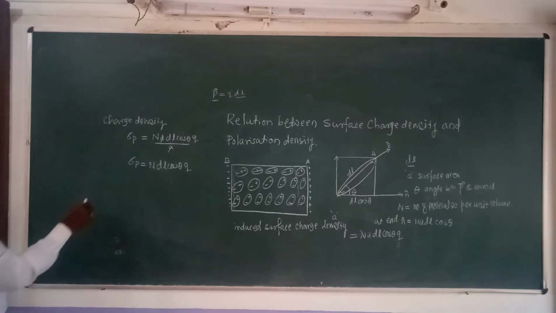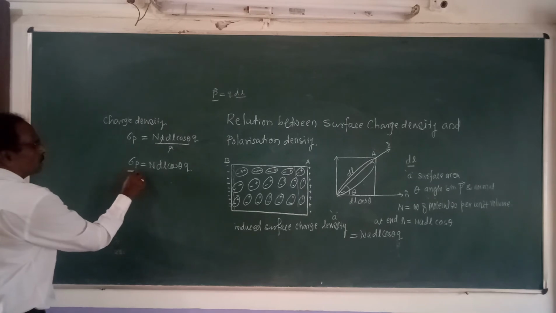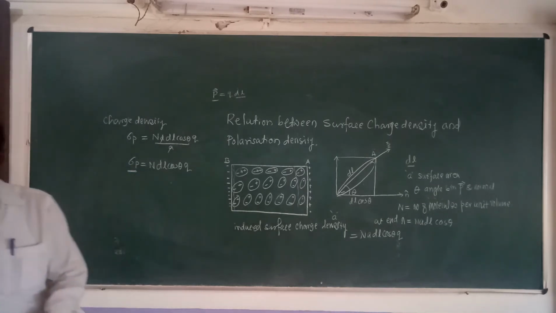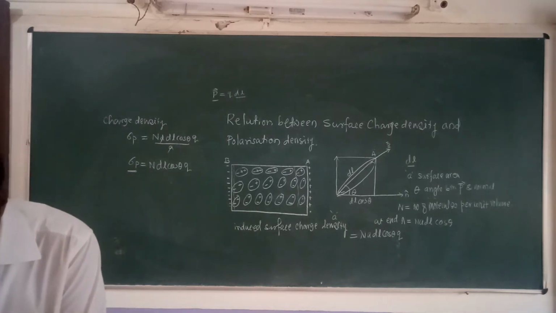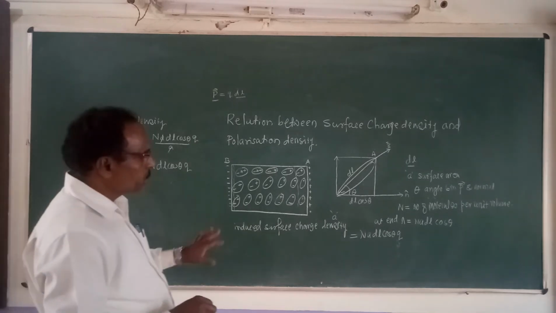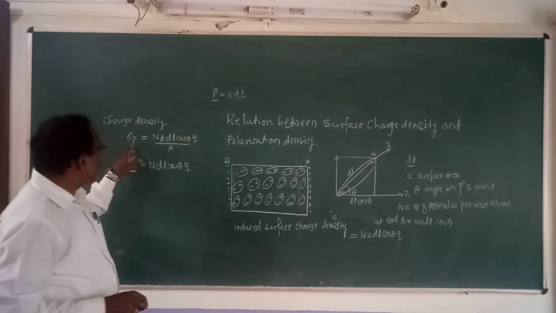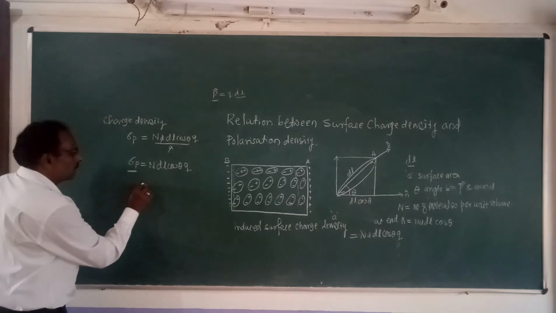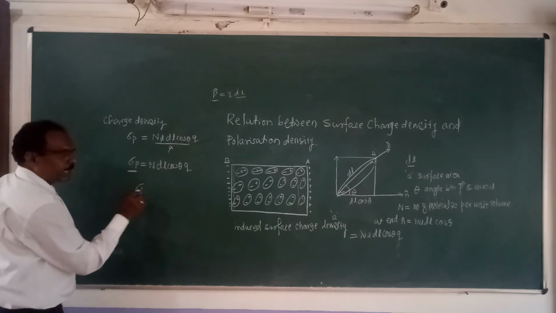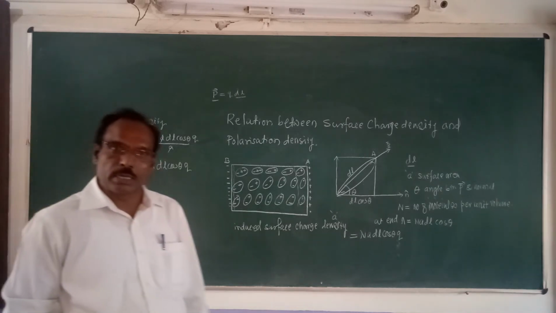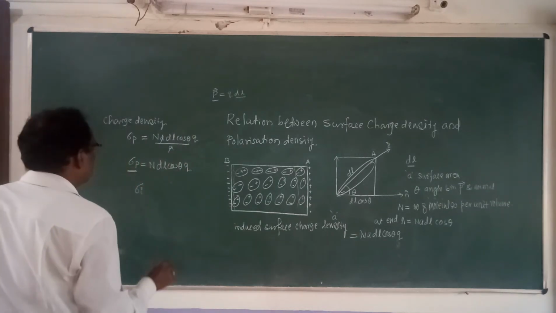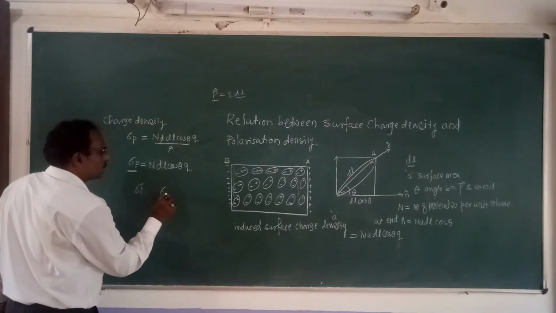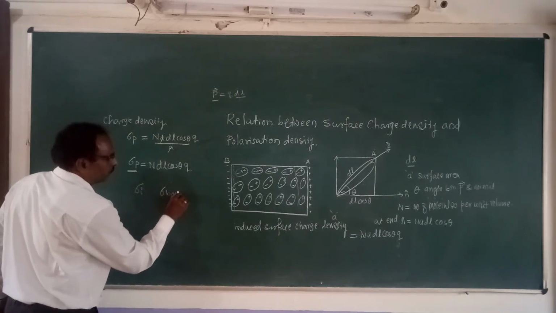Once we write this as a surface charge density, it can be written as sigma p, or as sigma I, where I stands for induced charge density, or we can write this as sigma bound.